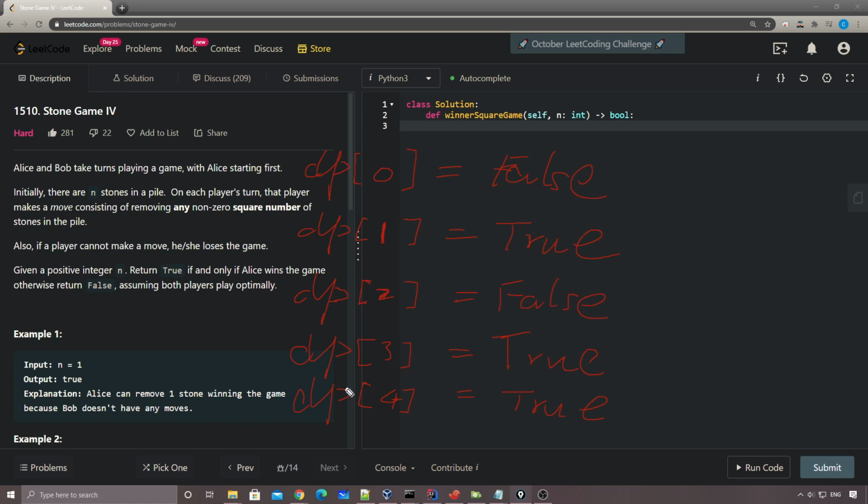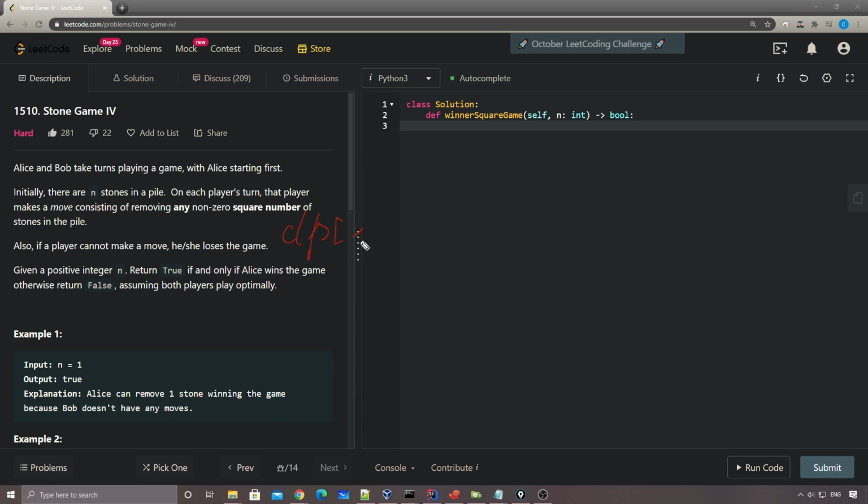So with this in mind, you can probably see the DP transition function here, right? With DP i, this means whether this player can win with this many remaining stones.